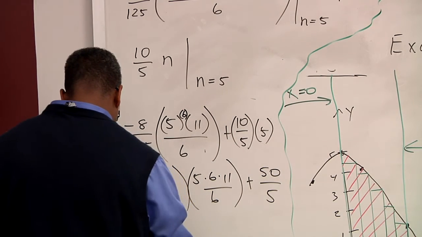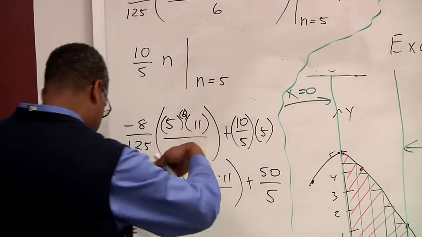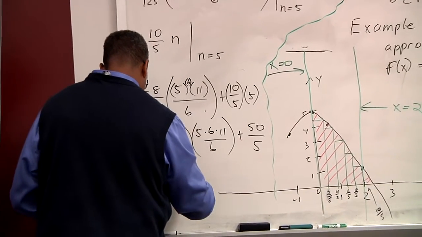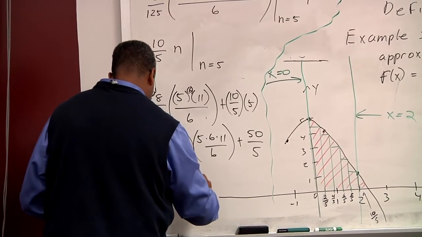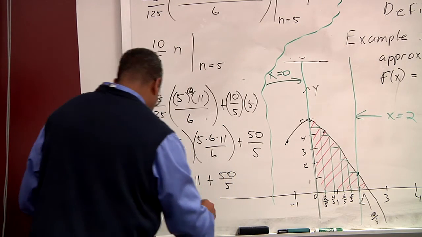Then we're going to get minus, after we cancel out some terms, and that's arithmetic operations for you, minus 8 over 25 times 11 plus 50 over 5.